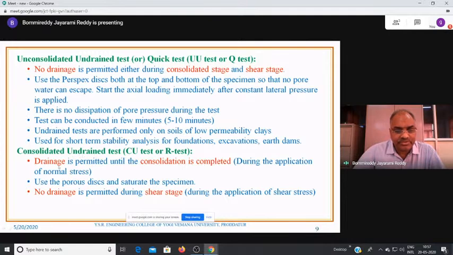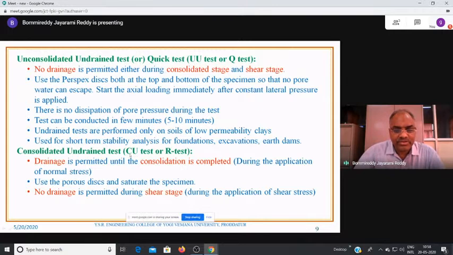Drainage is permitted until consolidation is completed, and no drainage is permitted during shear. So in the second stage, where the horizontal stress is applied, drainage is not permitted. In such a case, it is called the CU test.